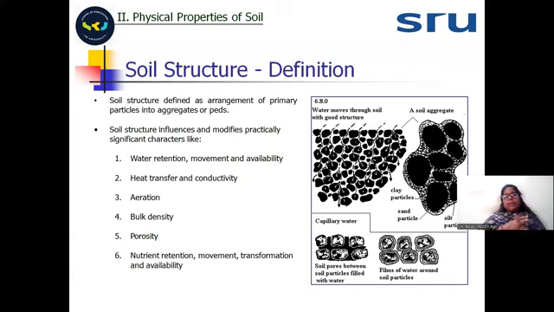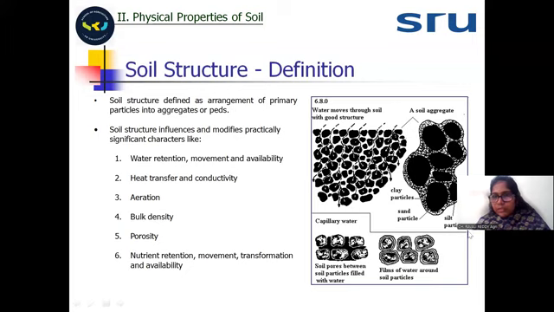It also dictates properties like heat transfer and hydraulic conductivity, then soil aeration, bulk density, soil porosity, and also chemical properties like nutrient availability, retention, nutrient movement, and other nutrient transformations. All these are important processes which are governed by soil structure.